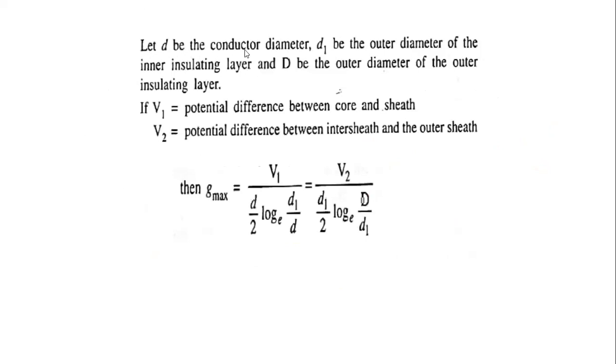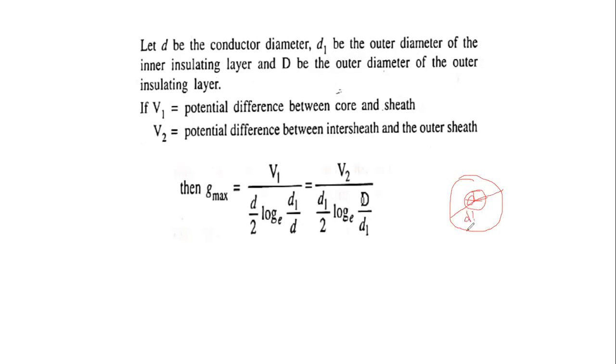Let d be the conductor diameter, this is the radius and this is the overall diameter of the conductor, small d. And D1 is the outer diameter of the inner insulation layer, since we have the grading.